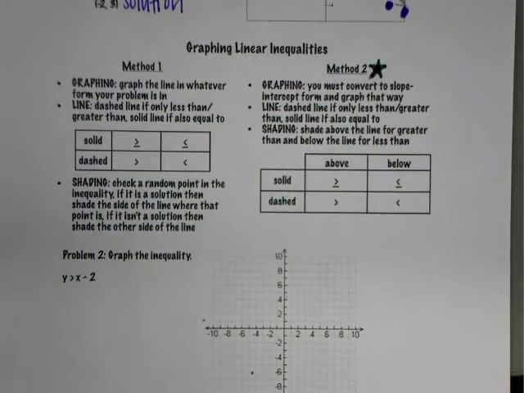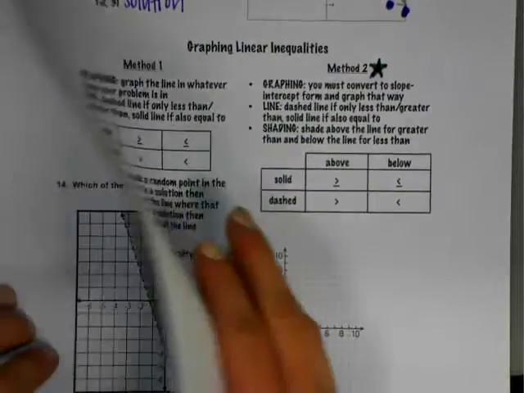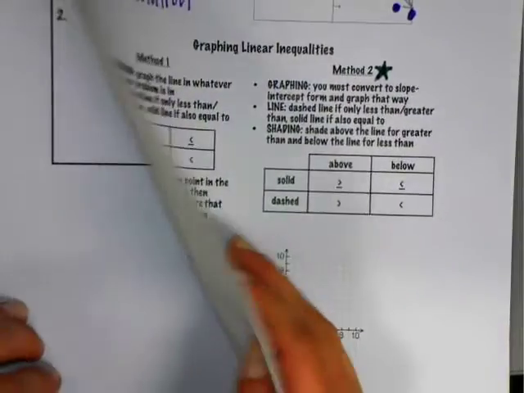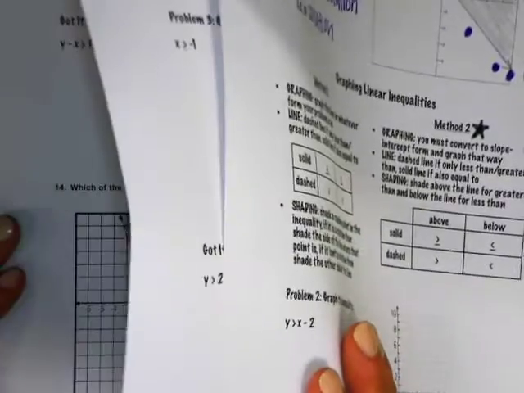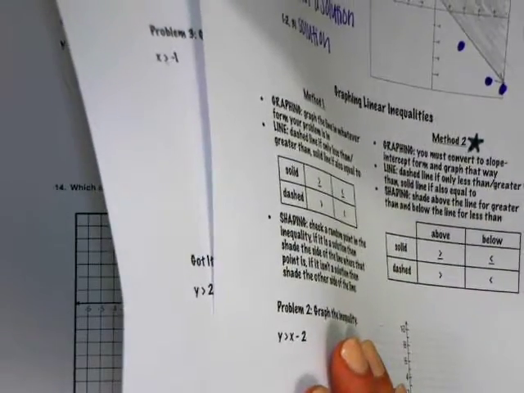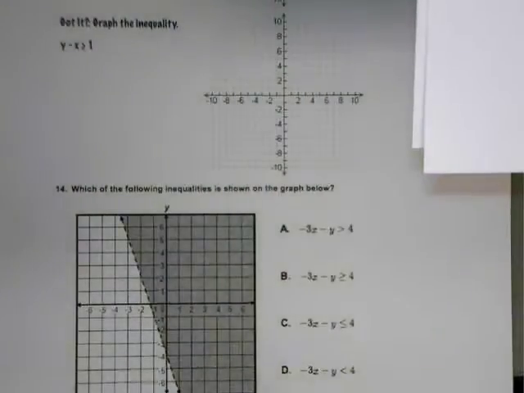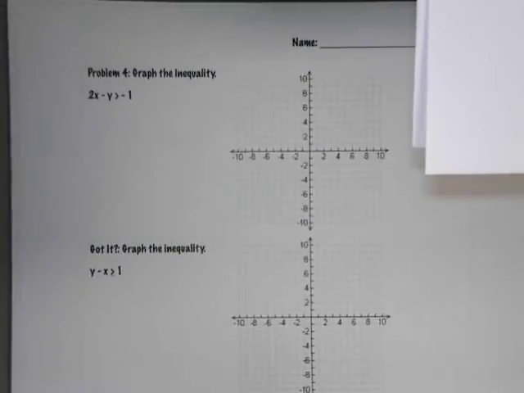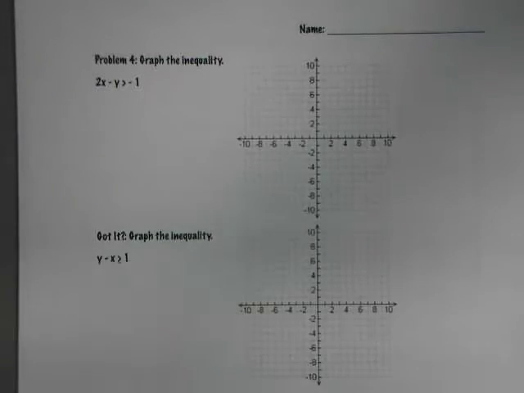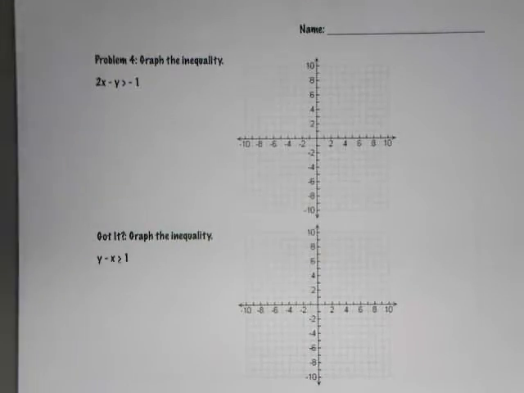So let's go to example number, let's go to problem 4 and the got it real quick. Just skip back to these ones because these ones are in standard form. These are the ones where you would have the distinction between the two methods.